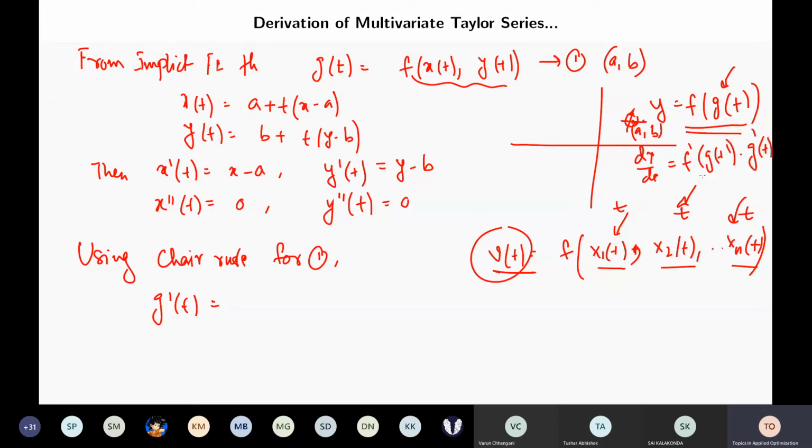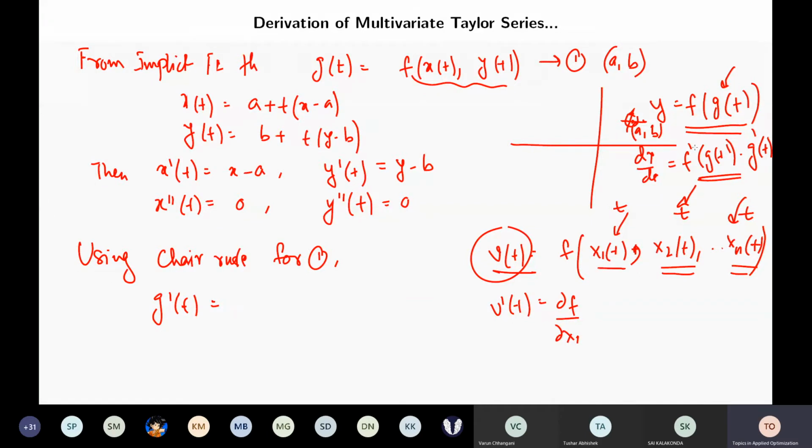So that's how you do the chain rule. But here the only difference is that you now have more of the g type functions, different g functions, let us say x1, x2, xn. So in this case, if we want to do the derivative, first you do del f by del x1. So you take the derivative of this with respect to g.